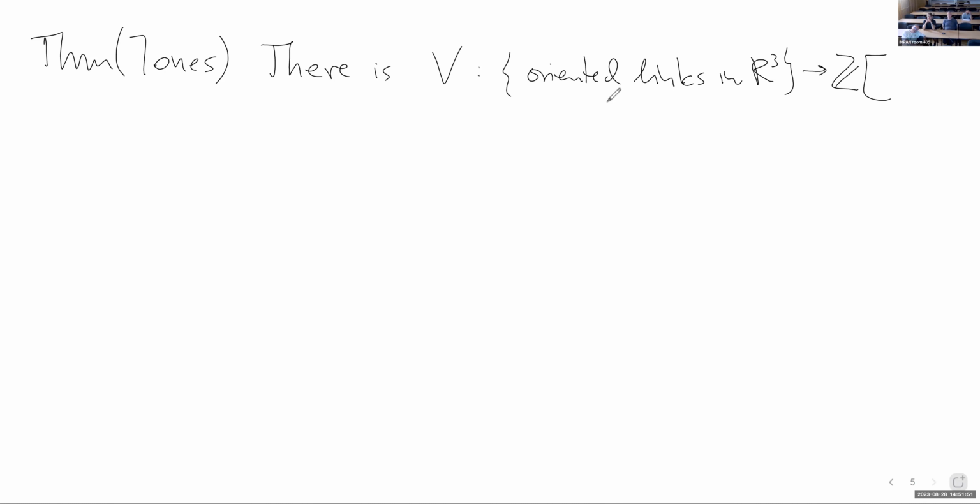So there exists a certain polynomial invariant of oriented links, going to a ring of Laurent polynomials, which is a bit unusual because it involves half integer powers of t.